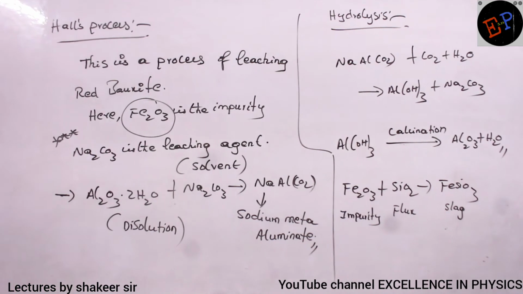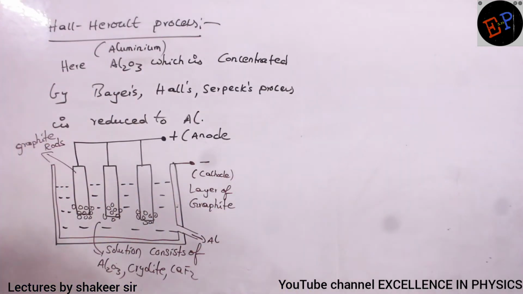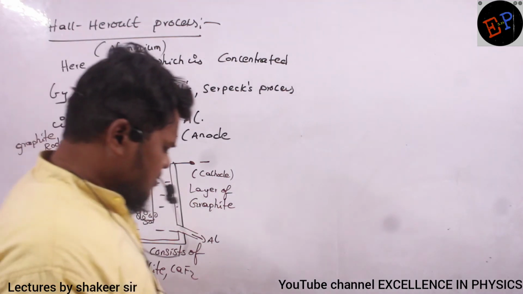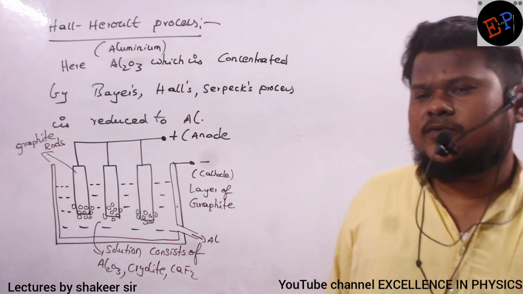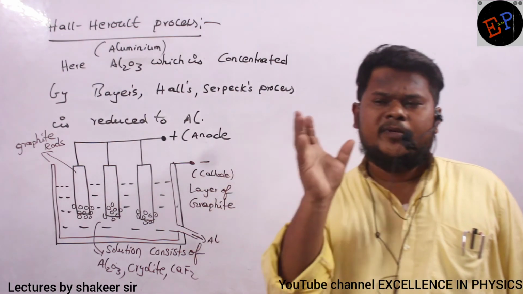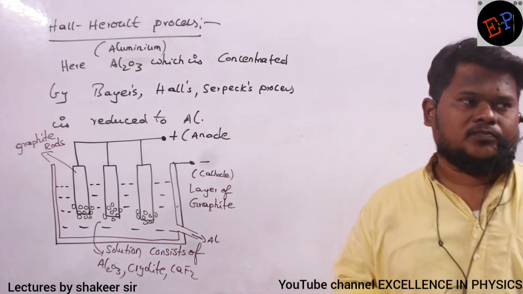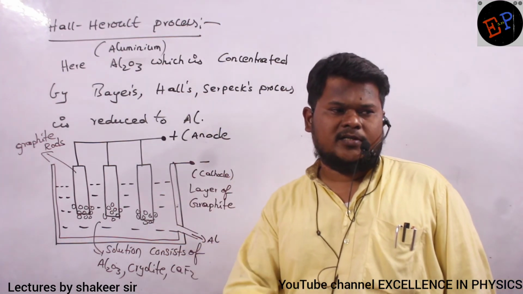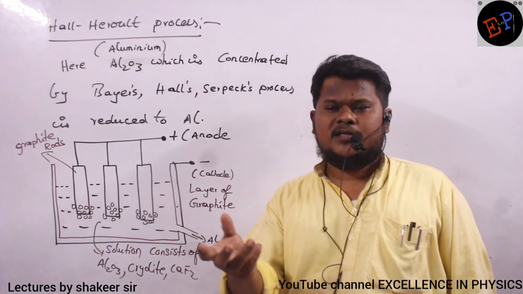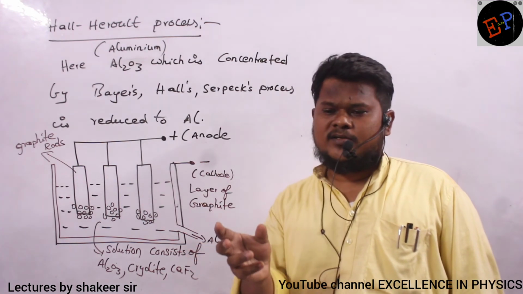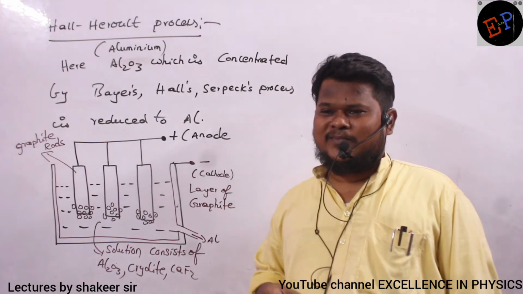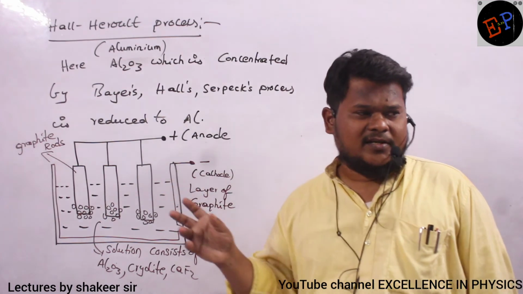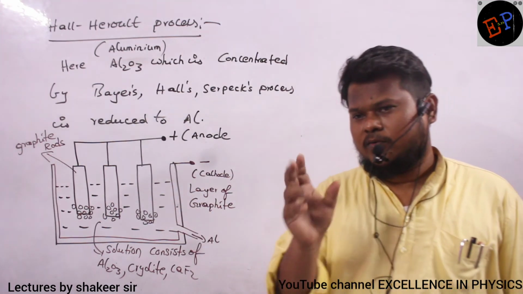So the last process which we are studying is the Hall-Heroult process. What is this Hall-Heroult process? This is used for reduction of aluminium from its ore. Already we have studied three methods: concentration, reduction, refining. After concentration we get the ore of aluminium.